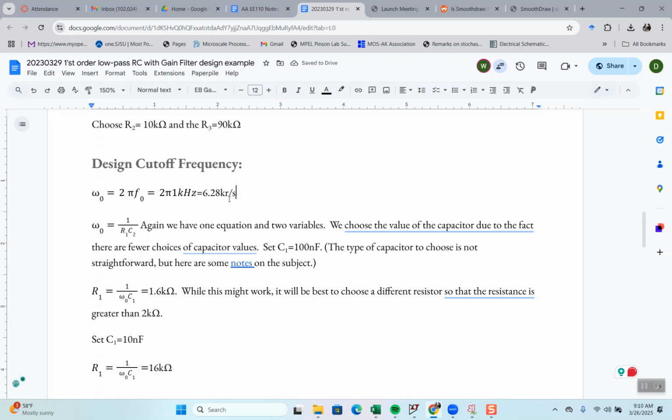So the example must be, I want to design a cutoff frequency of a kilohertz. I have to convert it to radians to get my RC. Now, on the exams, I will give you the cutoff frequency in radians.